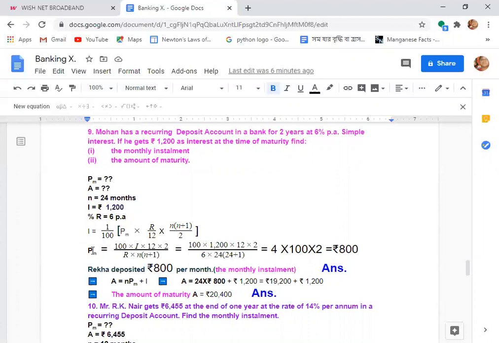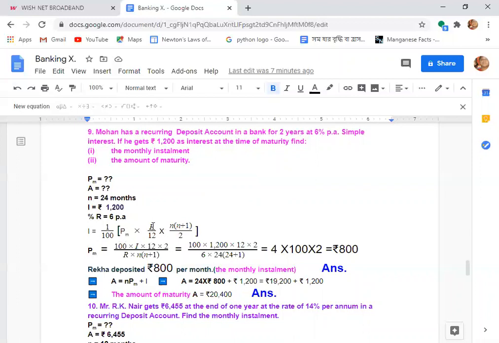Subject of the formula is per month installment, PM. So we write PM on the left hand side and we got 100I, cross multiply it, just 100 into I, 12 and 2 go to the numerator, and rate of interest R becomes the denominator, N into N plus 1 in the denominator. So in the numerator there is 100, I, 12 and 2.